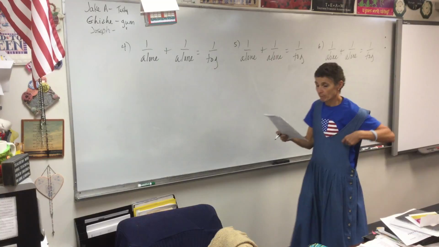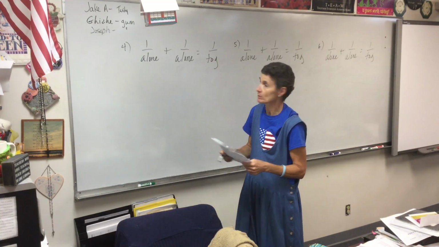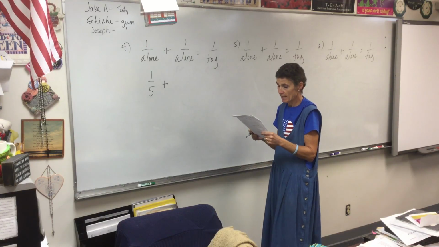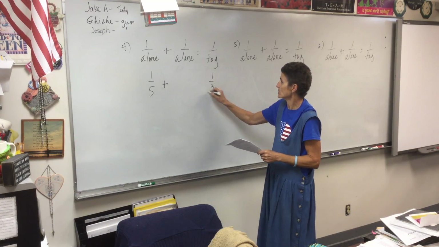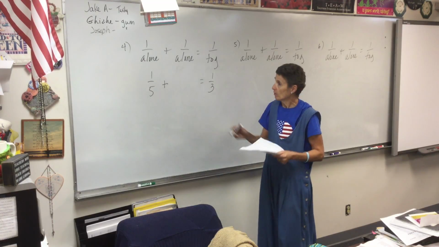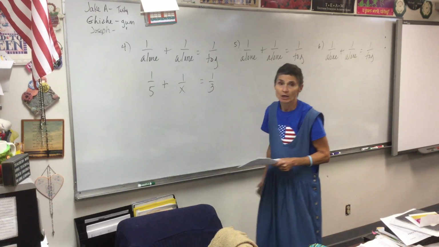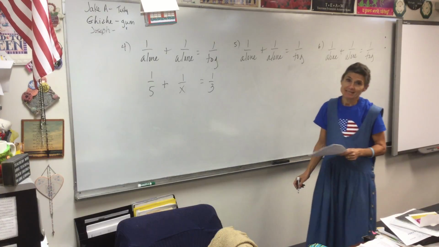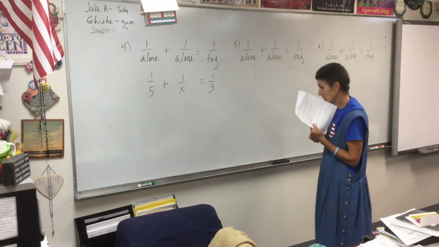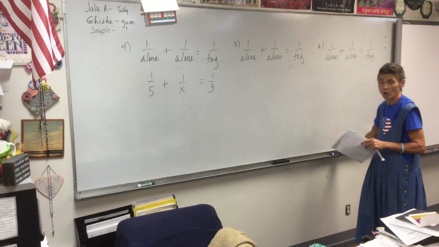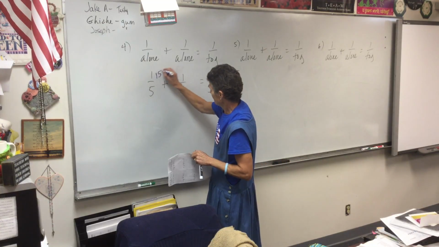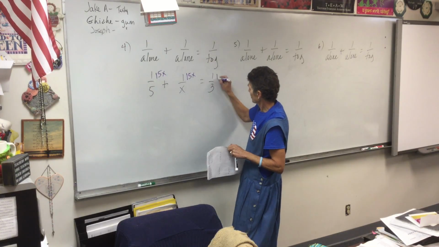All right, so here we go. Number 4, Matt can clean the room in 5 hours. So Matt's time is 5. If Tristan helps, they can get it done in 3 hours. So their time together is 3 hours. How long would it take Tristan alone? Now we're going to multiply everything by what? What are we going to multiply by that's going to get rid of all of those fractions? If you said 15x, you are right on target. Good work.